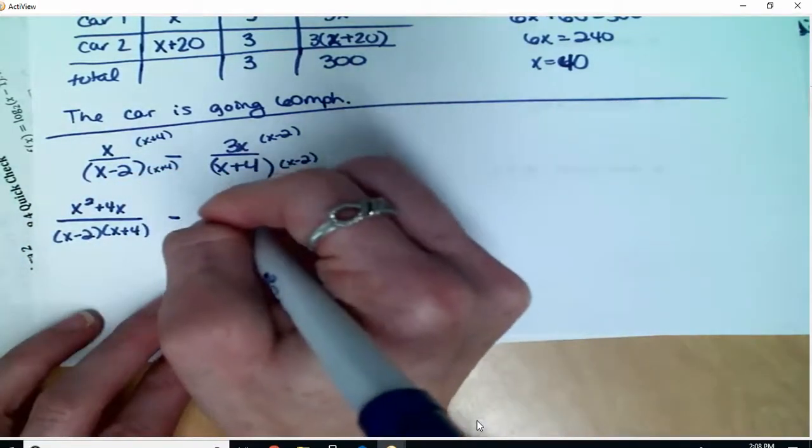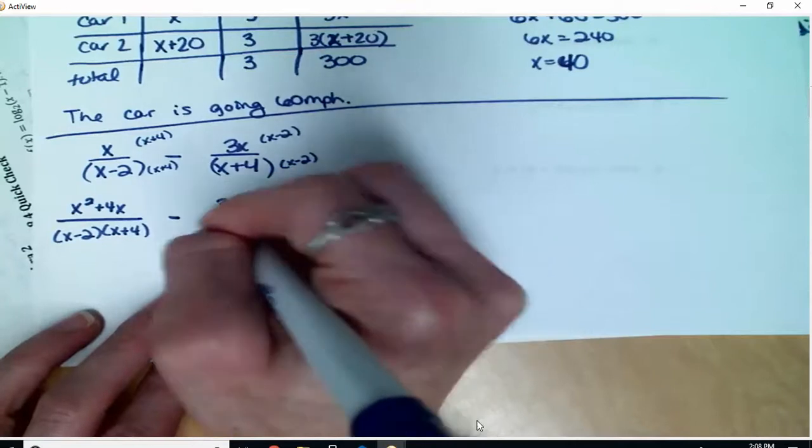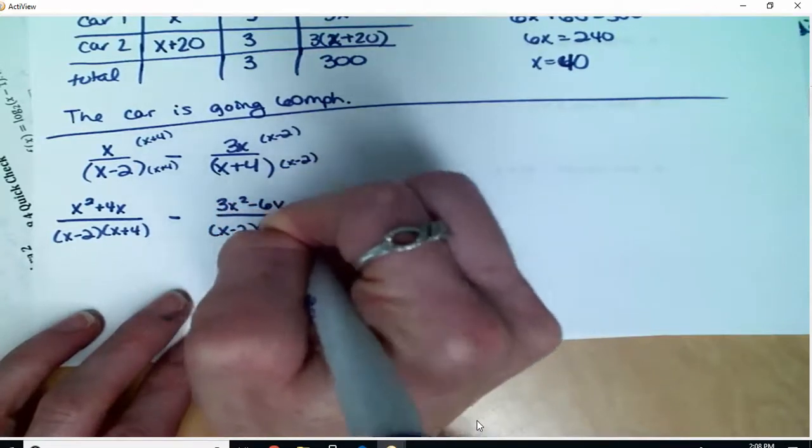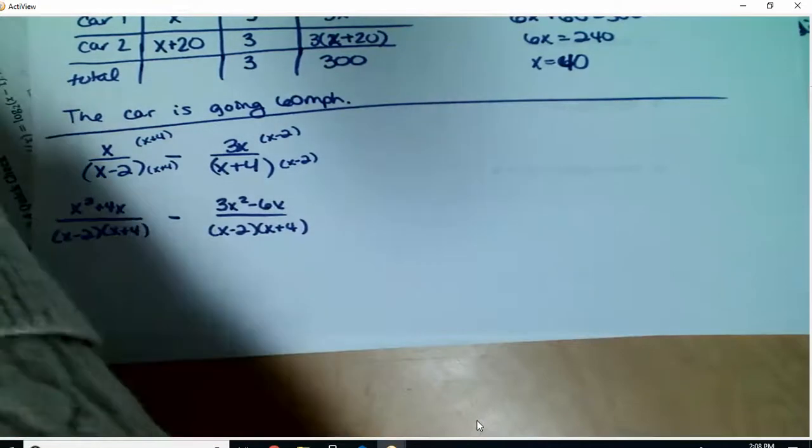Alright, so if I distribute the top, we get x squared plus 4x over x minus 2, x plus 4. Minus this one, if we distribute, we get 3x squared minus 6x over x minus 2, x plus 4. What should I do about this minus? Distribute.